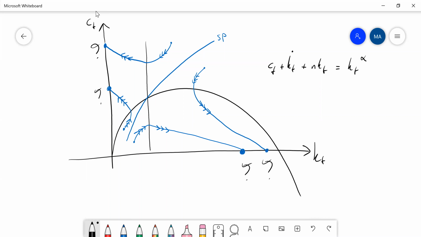You have the total resource, your production, at time t, depending on your state variable, the capital stock. Now you allocate this resource to three ends: one is consumption, the other is saving, and the other is depreciation, that is, labor dilution here.